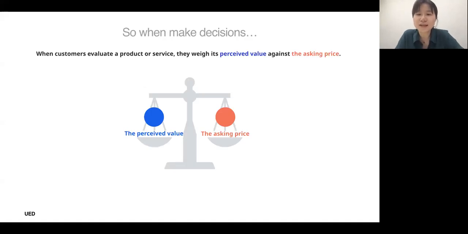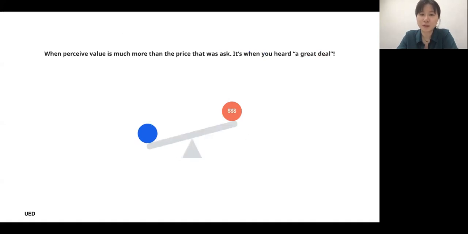So I'm putting this in a balance, and then hopefully this helps illustrate the idea that I'm going to share in the following, well, I guess 20, 30 minutes. When they're evaluating those two, this is the case where you hear the customer say it's a great deal, and then they just rush for the product and service that you're providing.